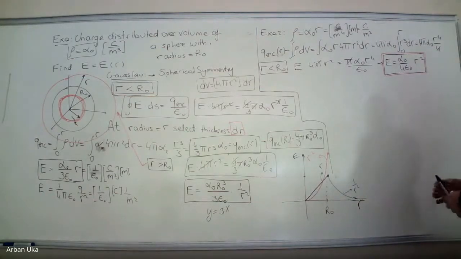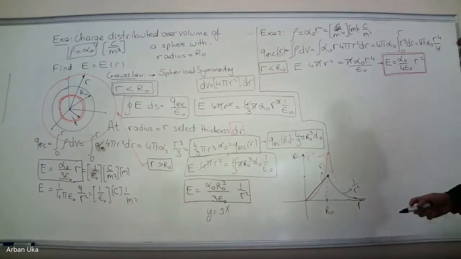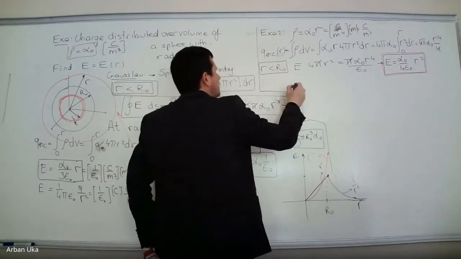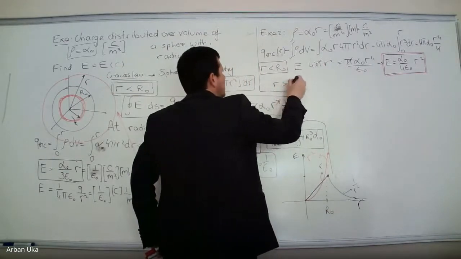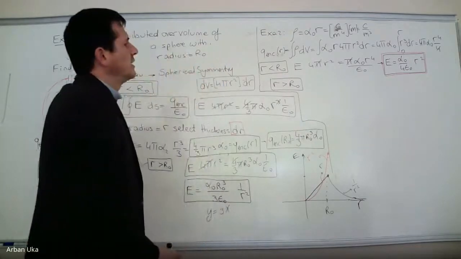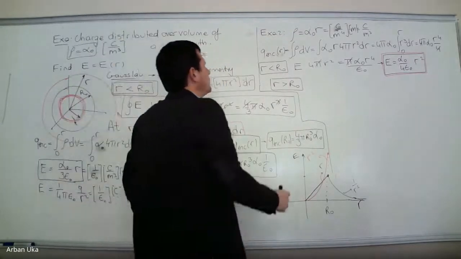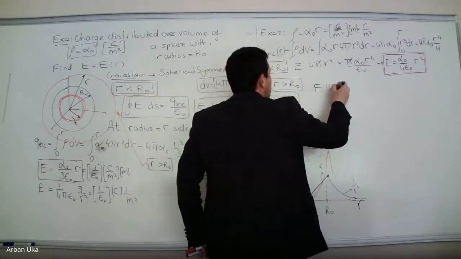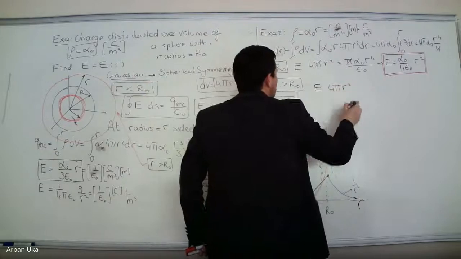Then, let's see again, what is next that we need to do? We need to determine what is the electric field whenever r is larger than r0, okay? And for this, we need to write a similar expression, which is E times 4 pi r squared.